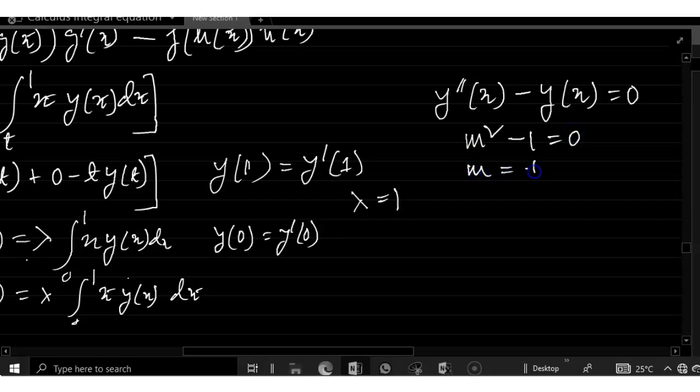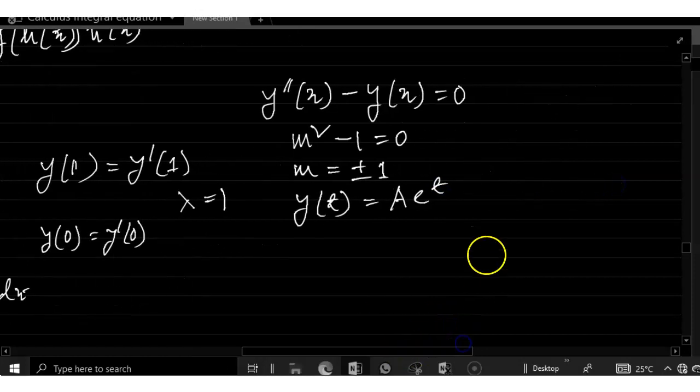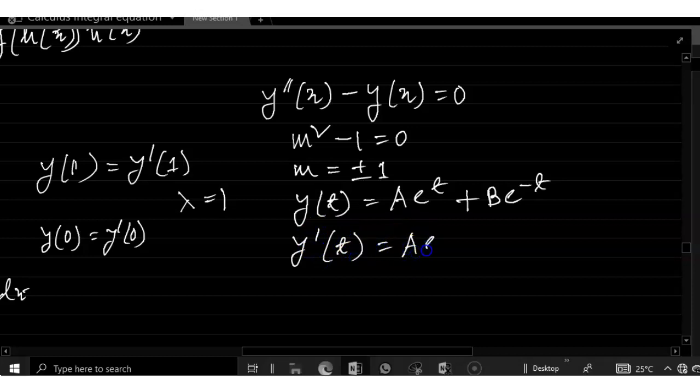So m equals plus minus 1, and yt equals a into e to the power t plus b into e to the power minus t, and y dash t equals a into e to the power t minus b into e to the power minus t.